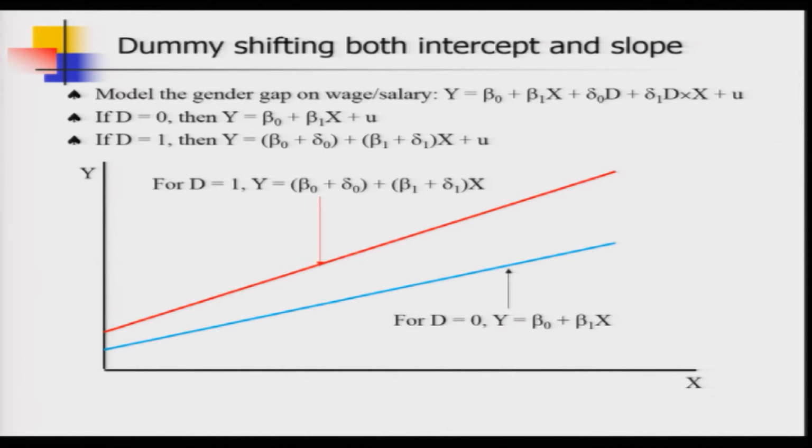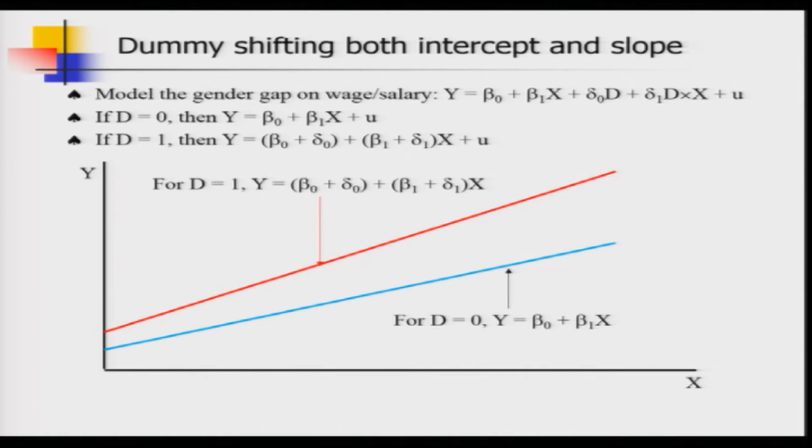So, for that d will take value equal to 1. So, you plug d equal to 1 in the mother equation and you get an equation where you now have two components for the intercept parameter, beta naught and delta naught, and two components for the slope parameter, which are beta 1 and delta 1.